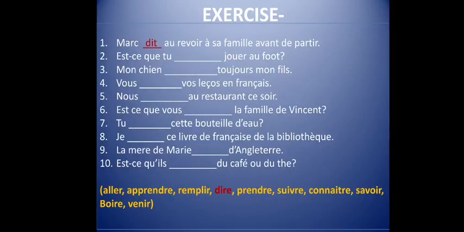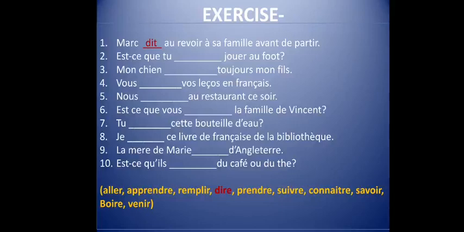Next sentence. Vous dash vos leçons en français. You dash your lessons in French. Fifth sentence. Nous dash au restaurant ce soir. We dash to the restaurant this evening.